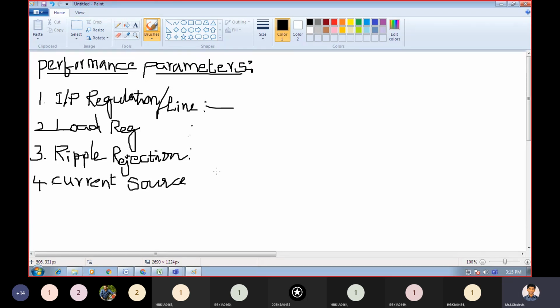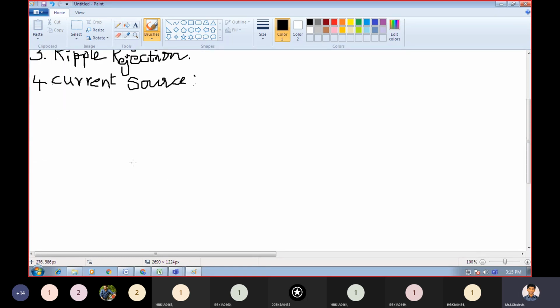These three-terminal fixed voltage regulators can be used as a current source. So the load current IL is equal to IR current plus IQ current.